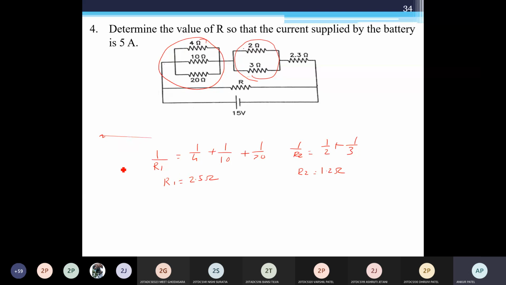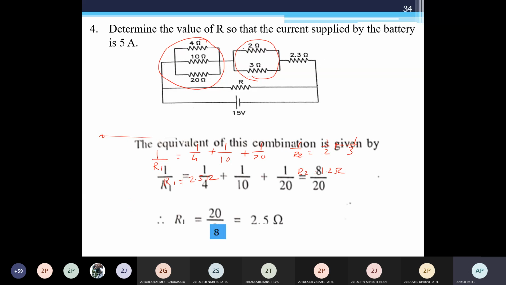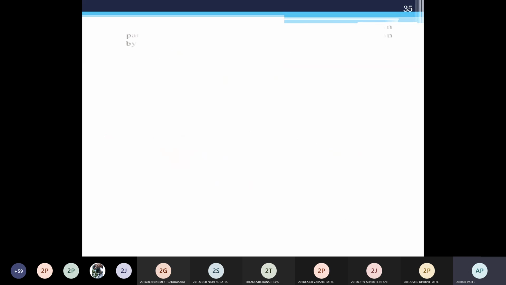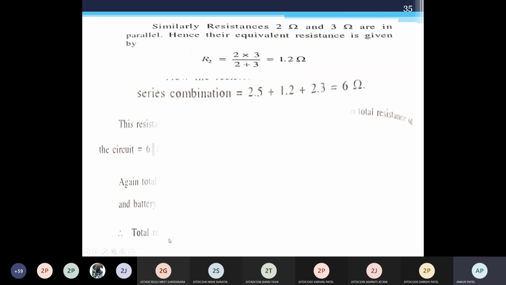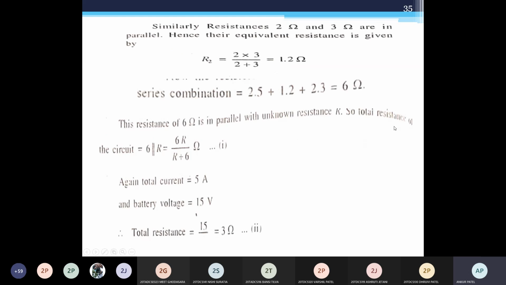So suppose I have R equivalent, the total circuit resistance, that is given by the 6 ohm and R connected in parallel combination. So I can write total resistance of the circuit as 6 into R divided by R plus 6.